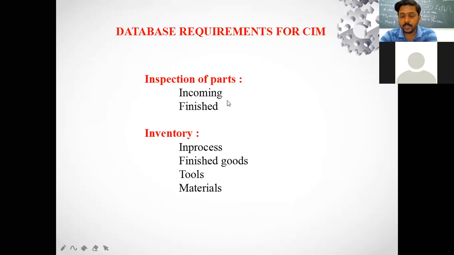Inspection of parts will be of two types: incoming and finished parts. Incoming means raw material inspection is needed. In some cases, in between, there is in-process inventory that is to be inspected, which comes under inventory. Finished parts will also be inspected, because they are going to customers.